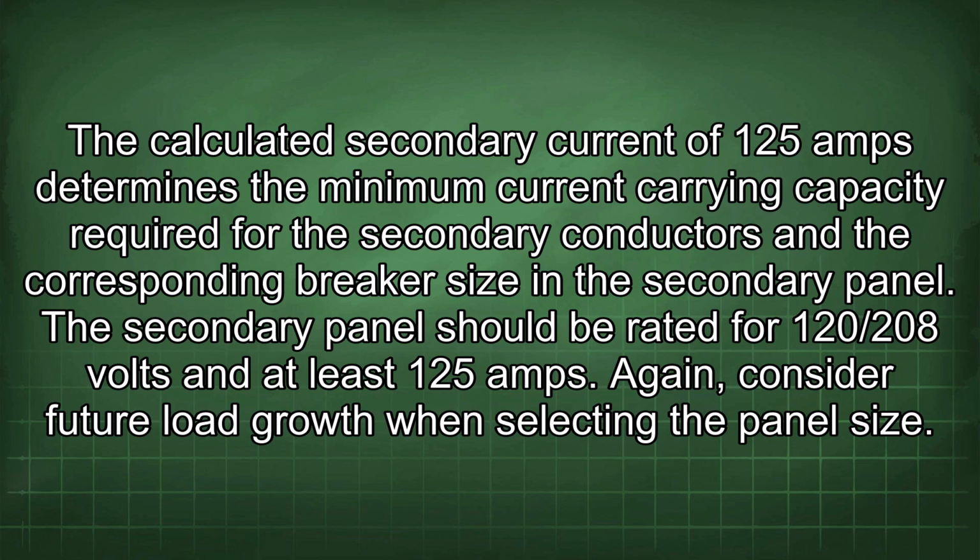The calculated secondary current of 125 amps determines the minimum current carrying capacity required for the secondary conductors and the corresponding breaker size in the secondary panel. The secondary panel should be rated for 120/208 volts and at least 125 amps. Again, consider future load growth when selecting the panel size.